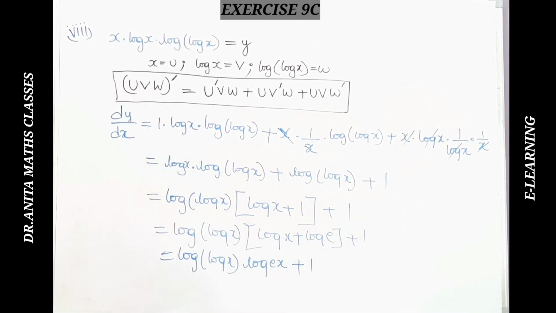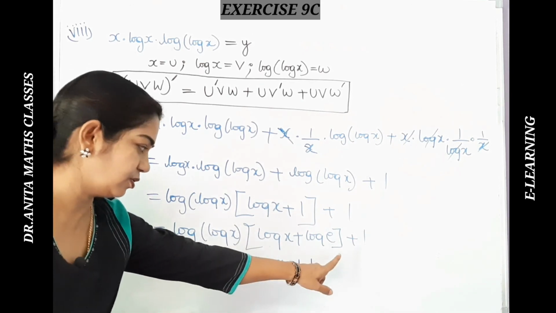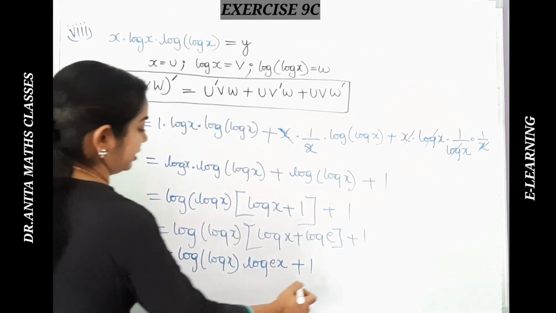So with this we can stop here, because you can write this also with log e, and all of them you can write in the product. So further this is enough till here. So this is the dy by dx.